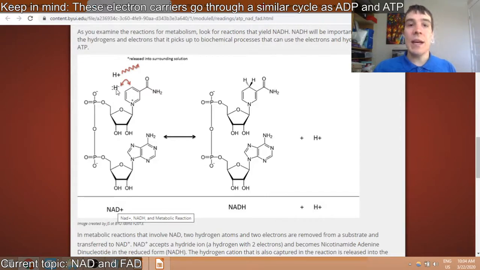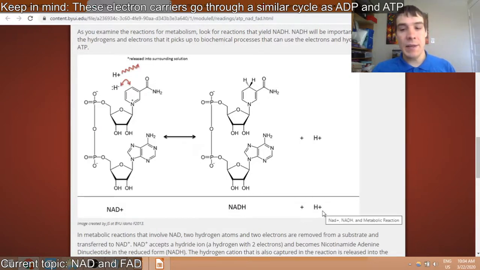In order to do that, that hydrogen steals an electron from another hydrogen, and then that hydrogen is released out into the solution. So that's why we have NADH plus H plus. The H plus makes the solution slightly acidic. So this NAD cycle is actually kind of an acid-base type cycle.